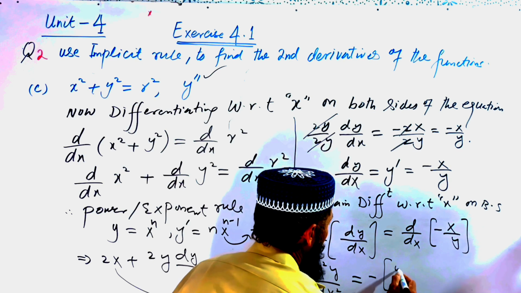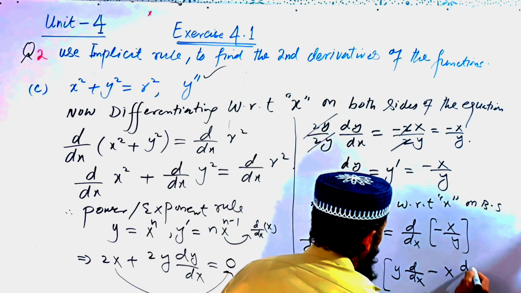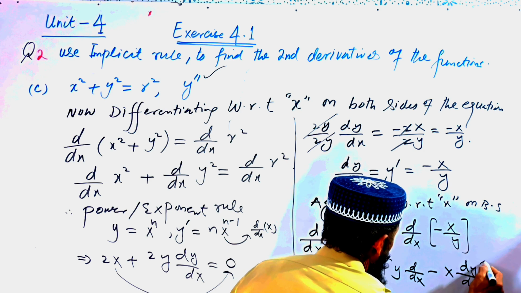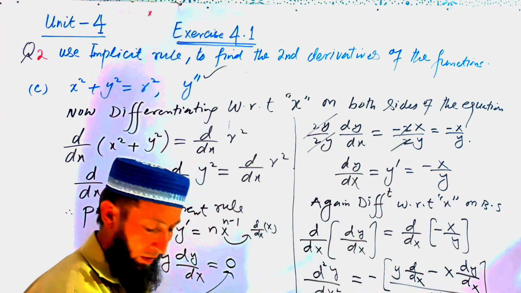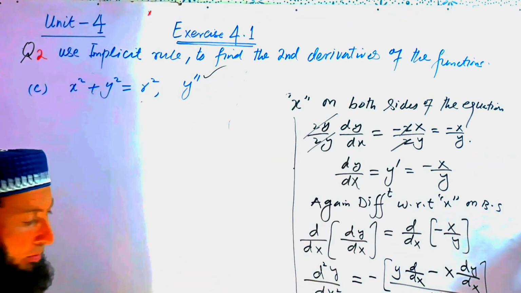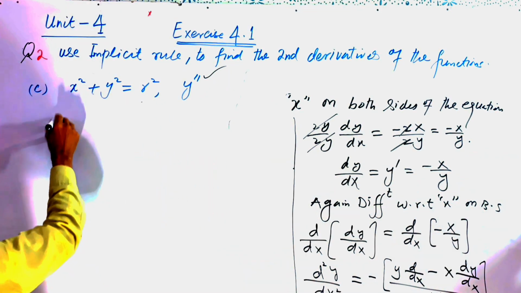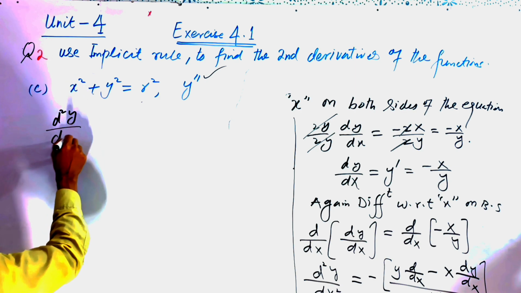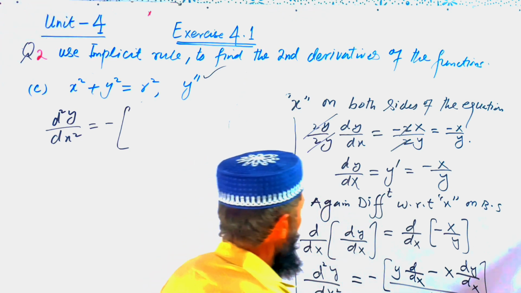This time I use the quotient rule: d by dx of minus x and dy by dx, divided by y square. Next we get d square y by dx square is equal to minus x dy by dx.